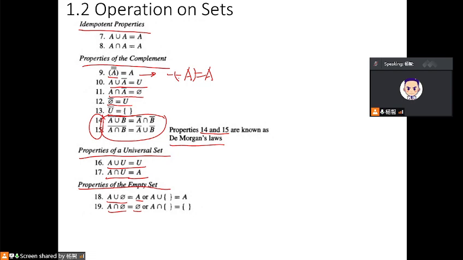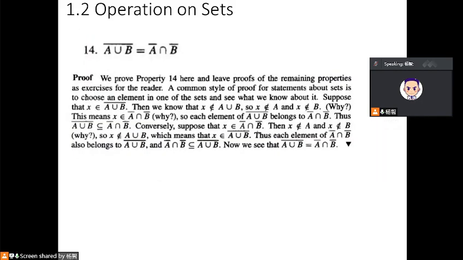And De Morgan laws are very special. Okay, we only prove property 14. Look, we prove property 14 here, and a similar proof works for the remaining one.